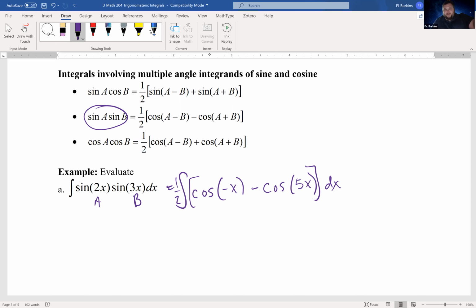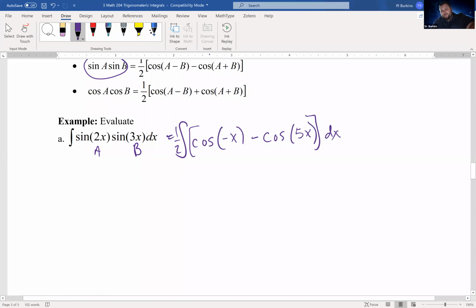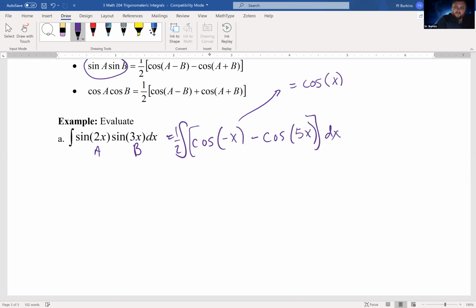An important thing to note with this problem is cosine of negative x is the same thing as cosine of x, because cosine is an even function.